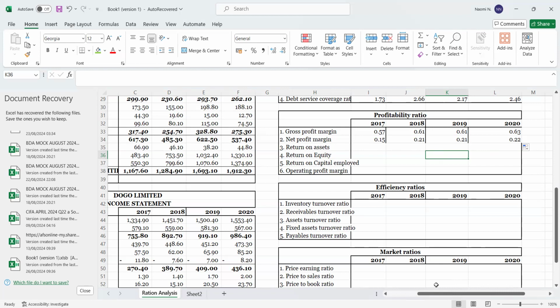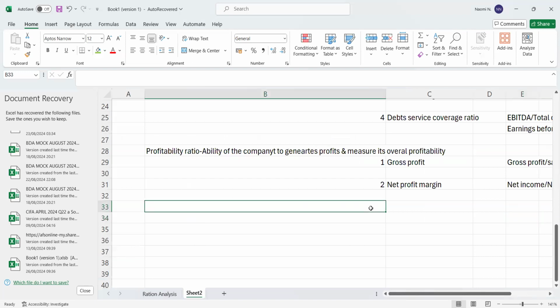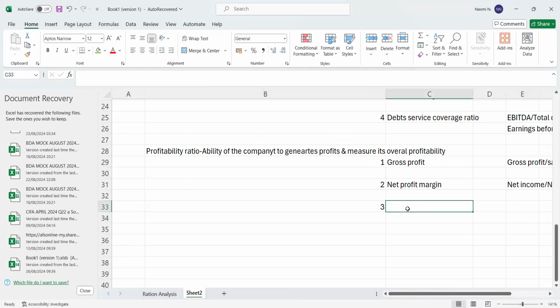Then here we will come to a return. Number 3, we'll calculate the return on assets, or at times it's called, in brackets, ROA.